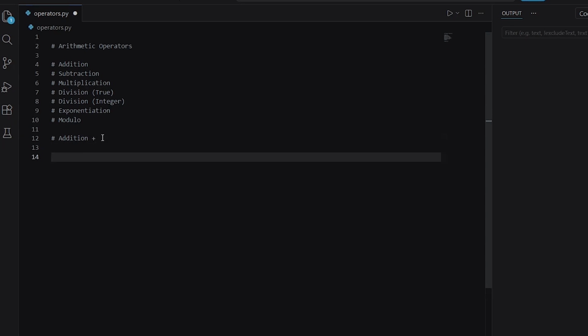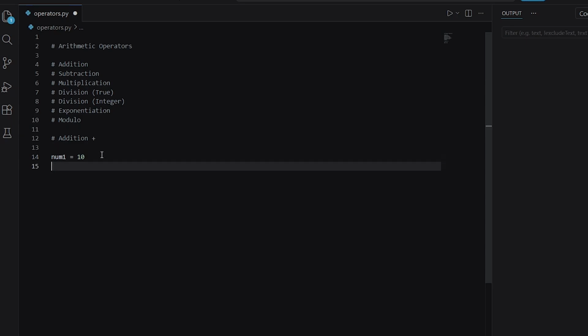So let me start by declaring two variables. I'm going to call this num1, and I'm going to assign this to 10. This equality sign here is called an assignment operator. We use it to assign values to variables. Now let's look at the second variable. We'll have this one as num2 is equal to 5. To perform addition, we'll simply use the plus symbol.